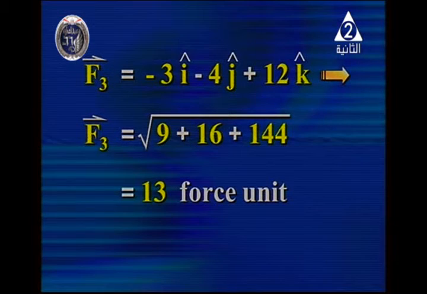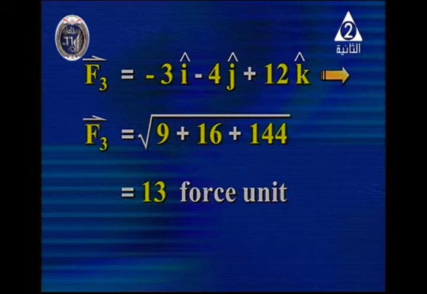Remember, dear student, the force in this case has 3 directions: direction i, direction j, direction k. In direction i, negative 3 is its component, negative 4 in direction j is the second component, and 12 is the third component in k.